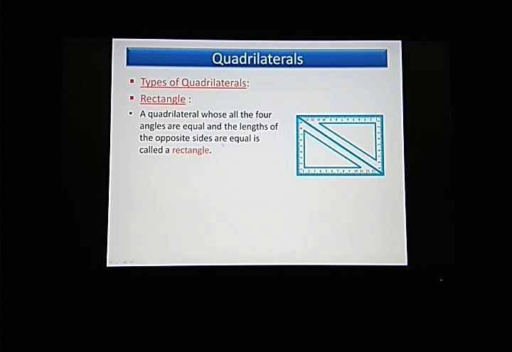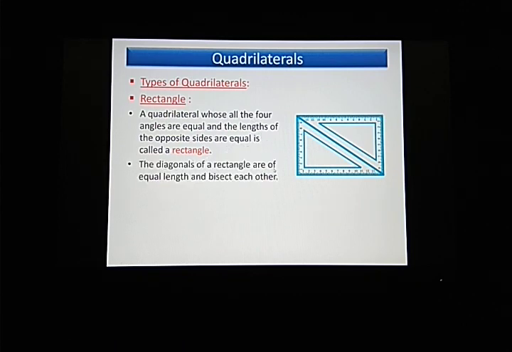According to the definition, you can see all these angles are equal, and they are equal to 90 degrees, that is a right angle. And the lengths of the opposite sides, this side and this side are opposite, this side and this side are opposite, and their lengths will be the same. Clear?